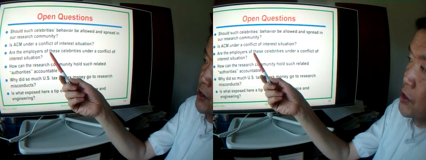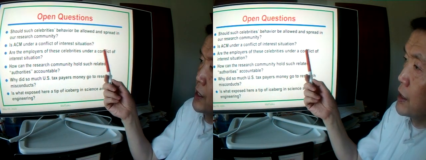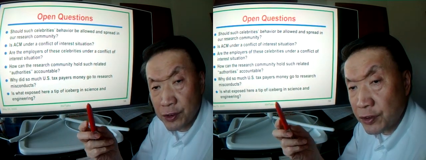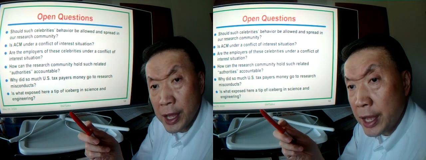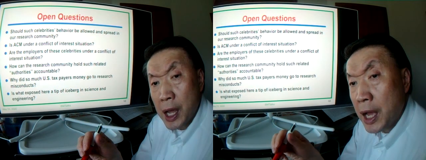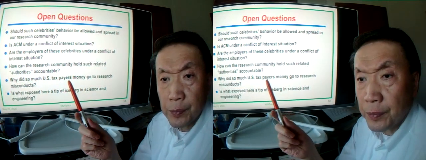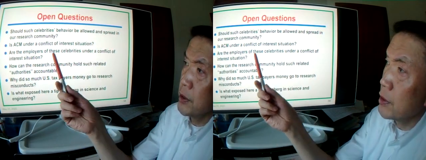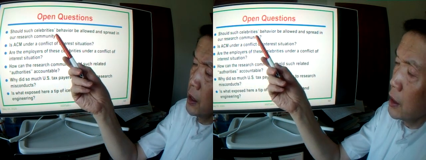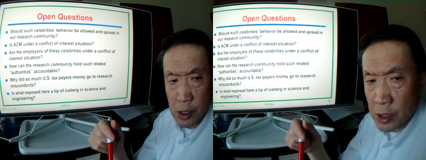Are the employers of these celebrities in a conflict of interest situation? So universities like Stanford University, New York University, University of Toronto, and University of Montreal are the employers, and including Google. Are they in a conflict of interest situation?